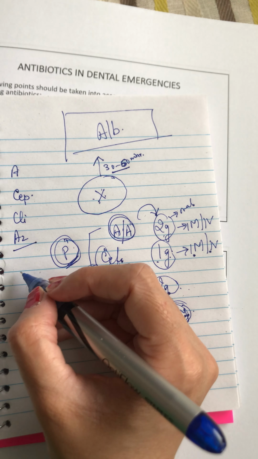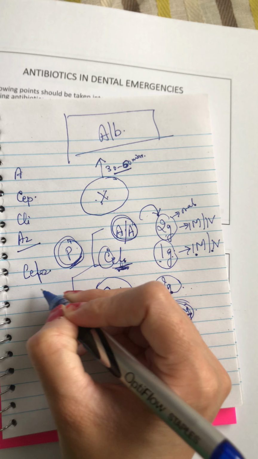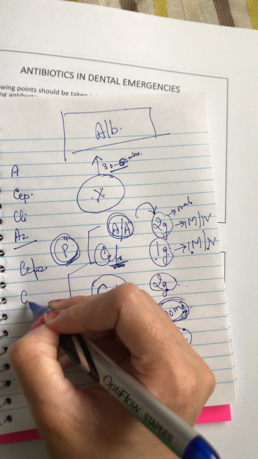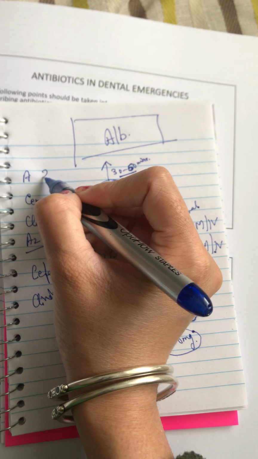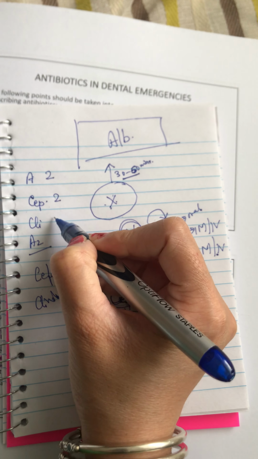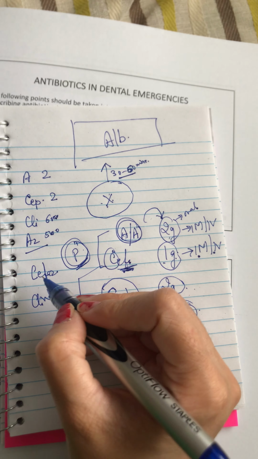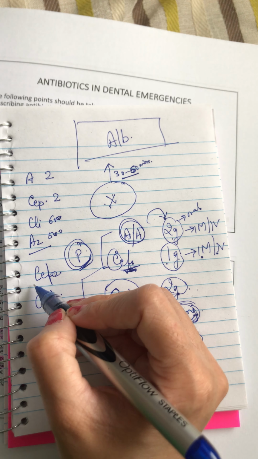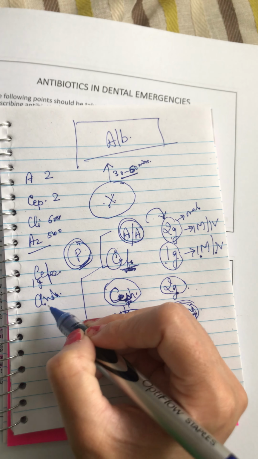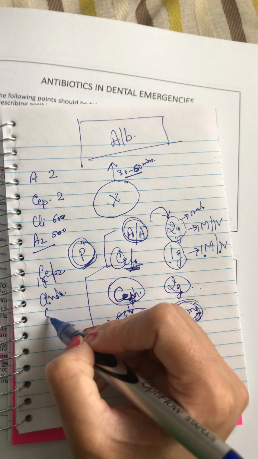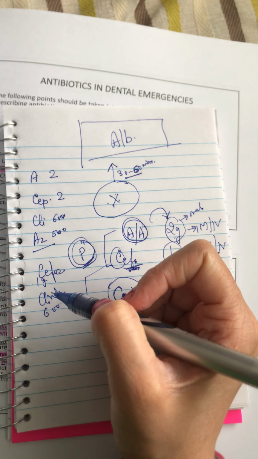And when I did the IV, I said it's Cefazolin, and the second one was the Clinda. Okay, so when I did the adults, I said 2 gram, 2 gram, 600, and then I said 500. For Cefazolin, I said it was 1 gram, and this Clinda was again the same, 600 mg. This was my adult dose.